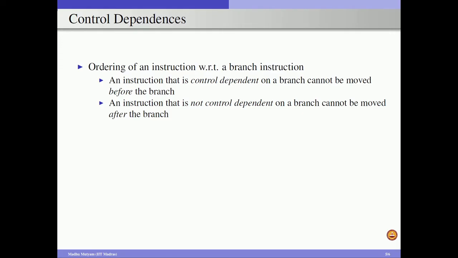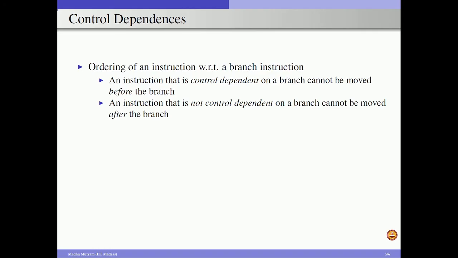Ordering of an instruction with respect to a branch instruction needs to take care of these points. An instruction that is control dependent on a branch instruction cannot be moved before the branch. If we move an instruction which is actually control dependent on a branch instruction before the branch instruction, this instruction will not be controlled by the branch anymore.